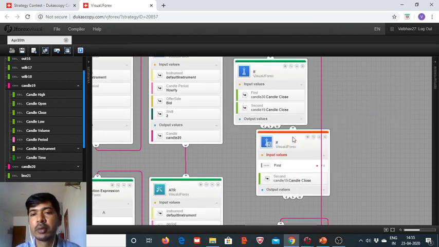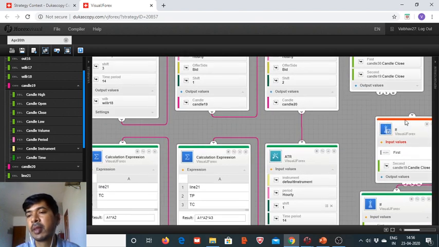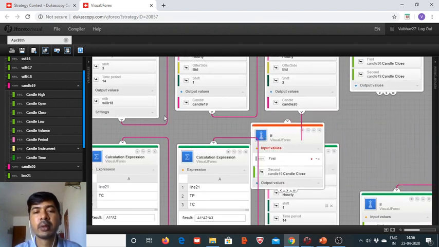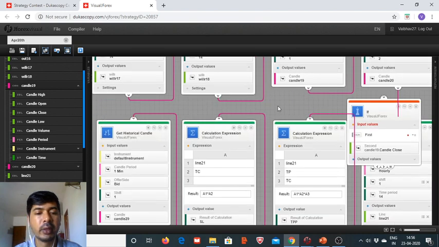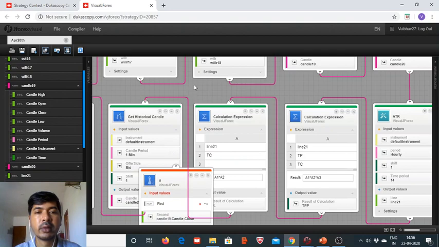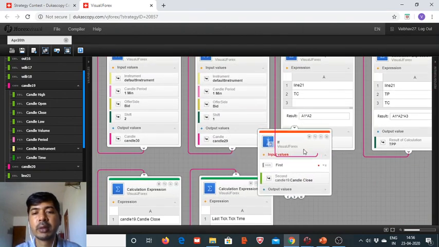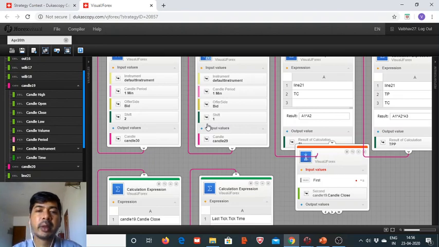Candle 19's closing level should be higher than the candle 30, candle 29's closing level. So we compare. This is 1 minute shift 1.